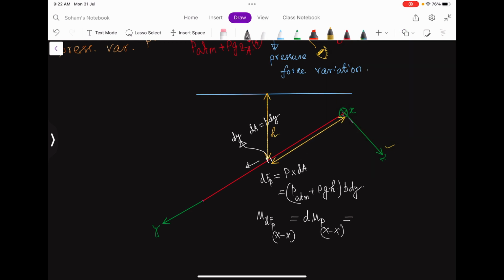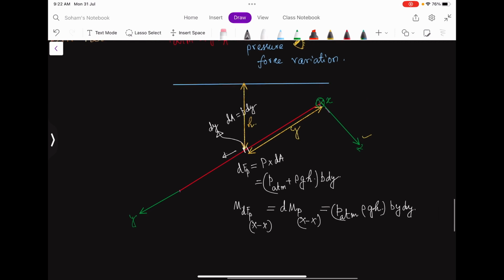We consider some particular y, right? So this will be something like PATM plus rho g h into dA times y, correct? So this should be the plus one, right?